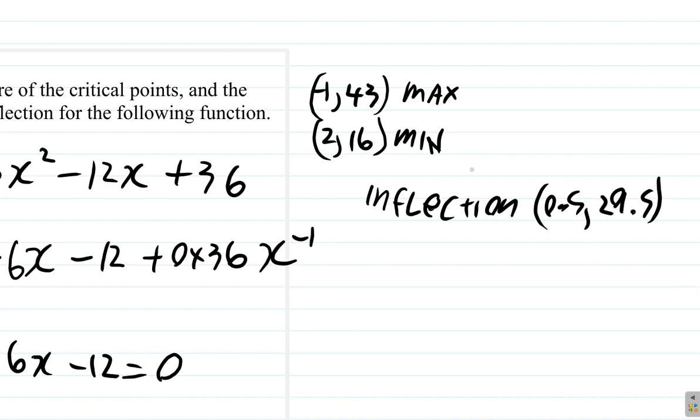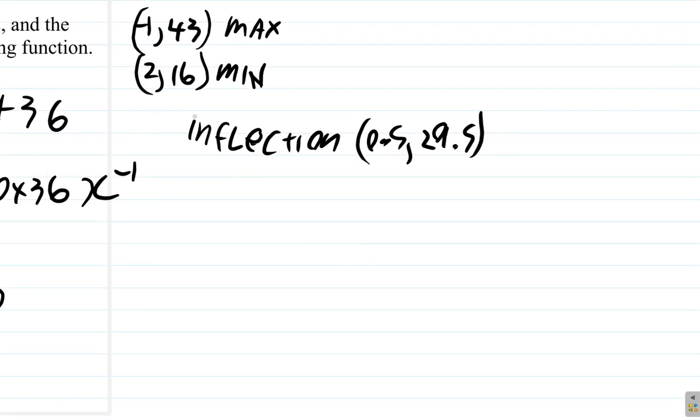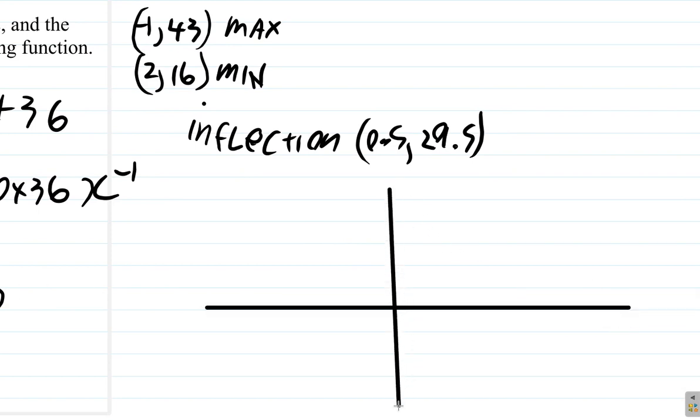Let us sketch this graph and see what it would look like. Alright, if we have an x-axis and a y-axis here, then we would have (-1, 43) going to be a maximum point. If this is negative 1, this is 43 up here, going to have a maximum point. 2 to be here, and 16, let's say 16 is up here.